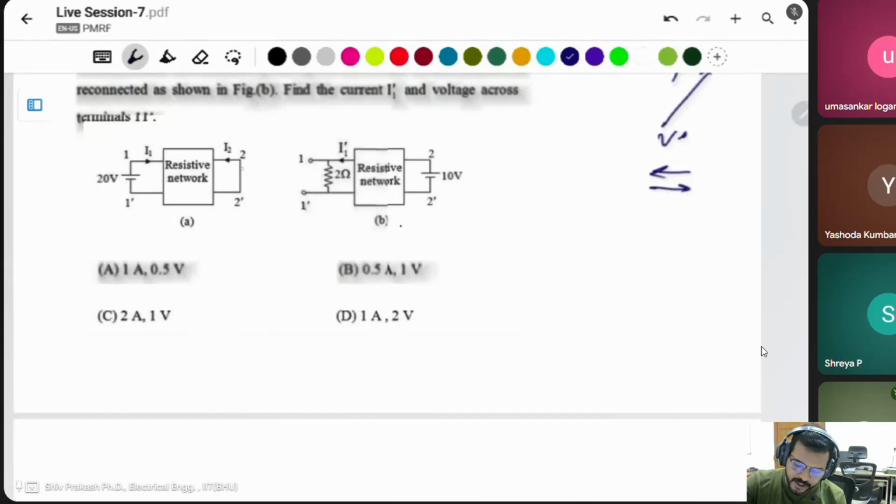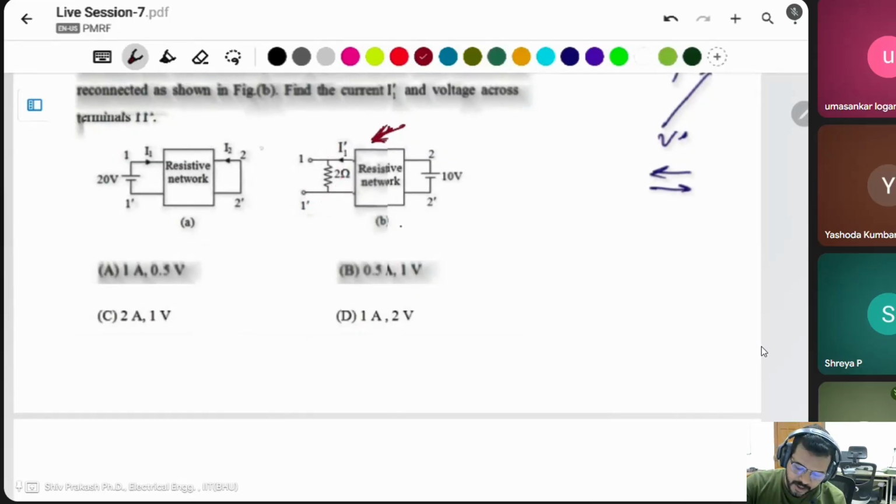The short circuit is given. Short circuited means you can find Norton's current directly. Norton's current is the same as the short circuit current at the terminal. You have to find this in the resistive network.